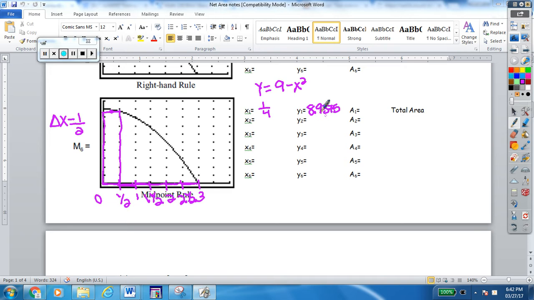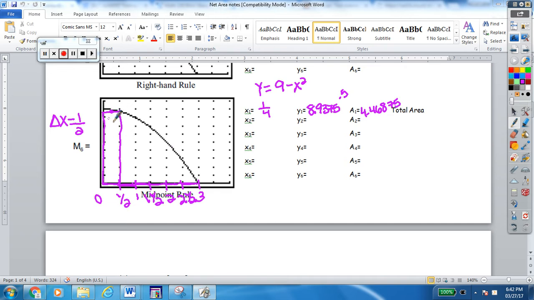Again, it's based off 1/4, which is the midpoint between 0 and 1/2. Now you're going to multiply this by delta x, which is 0.5, and your area should be, or at least I have, 4.46875, I believe. Okay, we'll do one more just to make sure we're good.